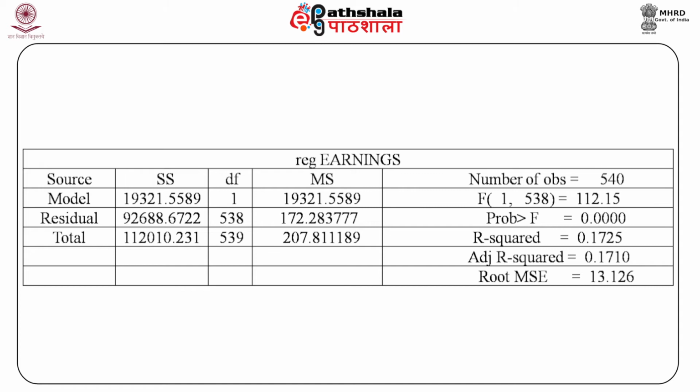It gives us the source of variation, sum of squares, SS, degrees of freedom, and mean sum of squares, MS. So you have a lot of output here which gives you different information, including the number of observations, the F statistic, the probability of this F statistic, R squared, adjusted R squared, and root mean square error, or root MSE.